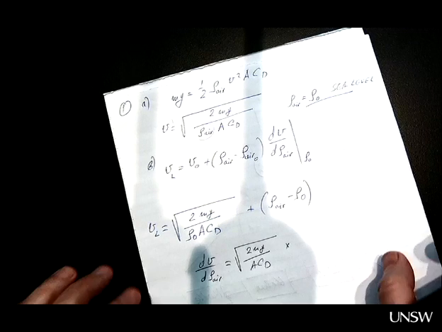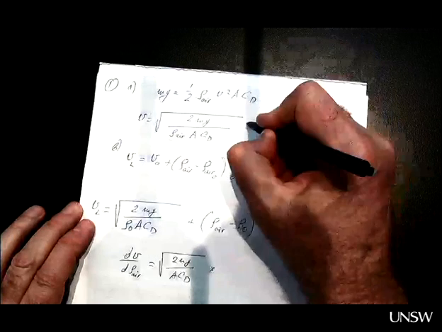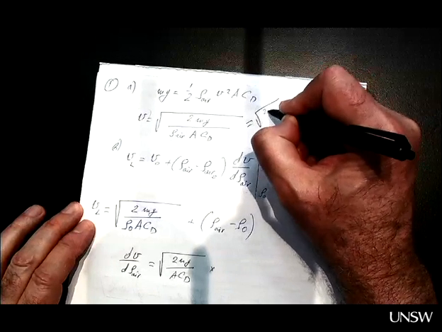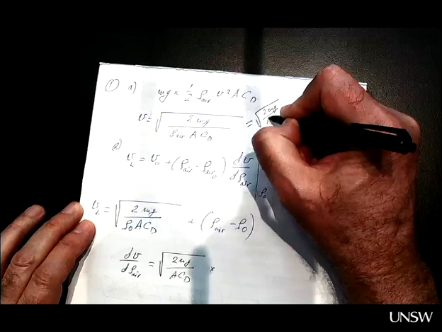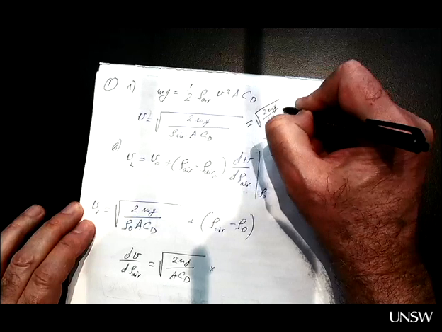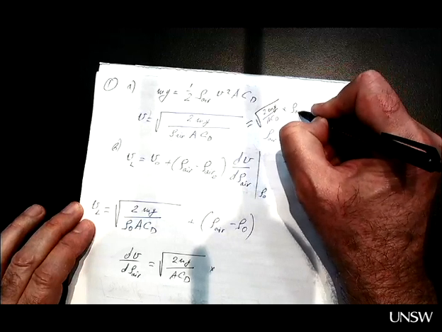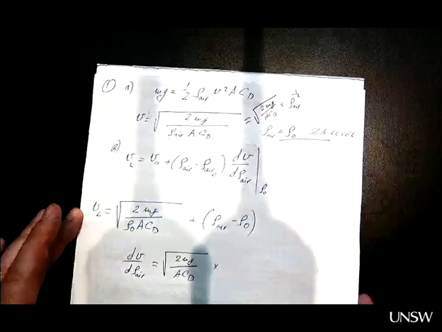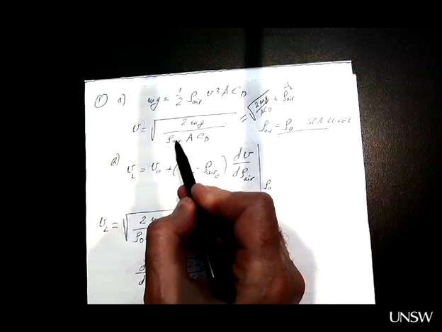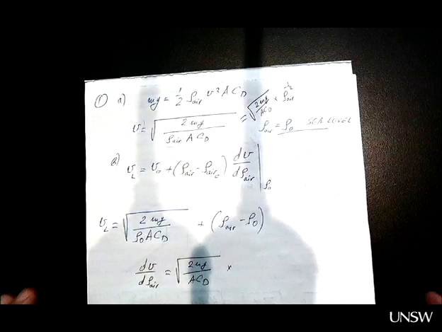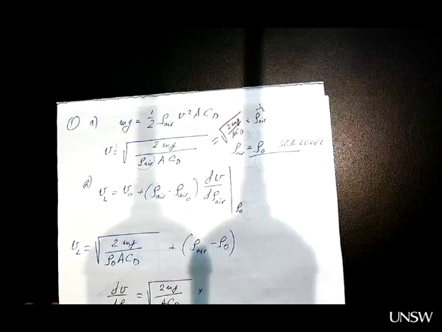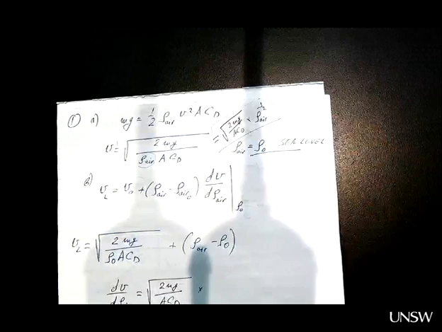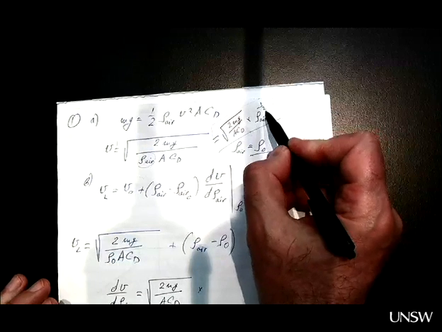You don't look convinced. So this is equal to square root of 2 mg over ACD times rho air to the power of minus 1/2. Square root is 1/2, but this is in the denominator, so it is minus 1/2. Okay. So all I need is a derivative of this part.